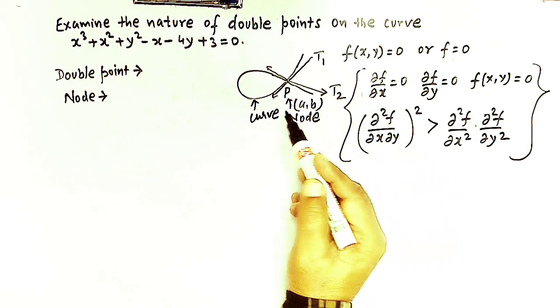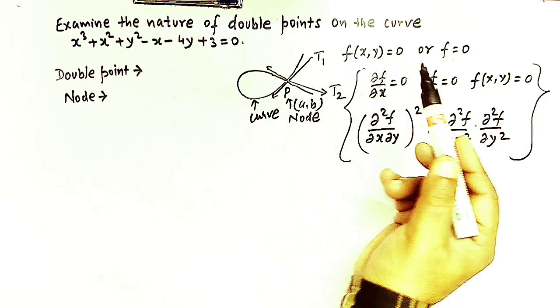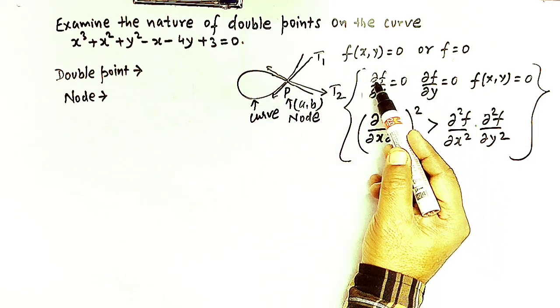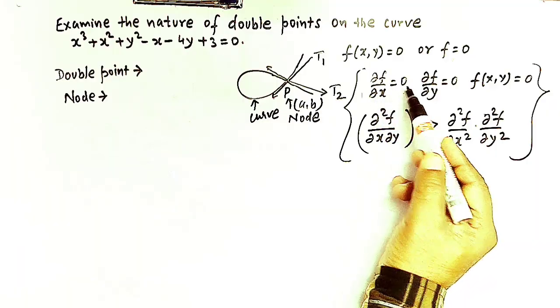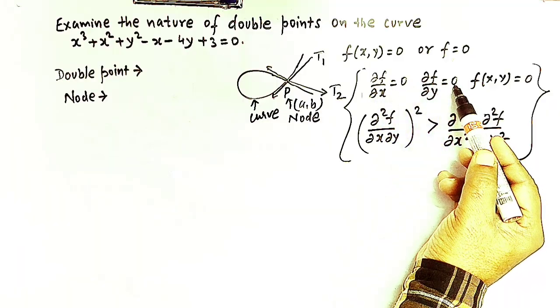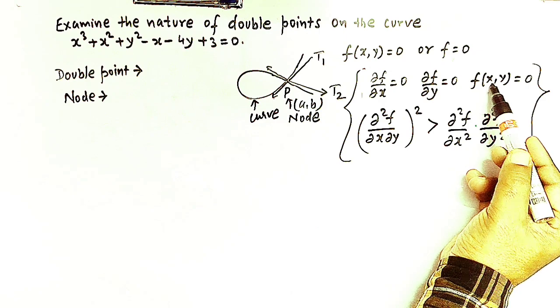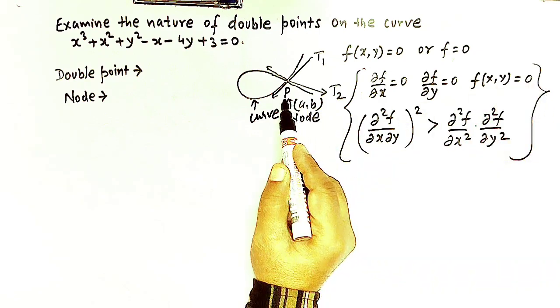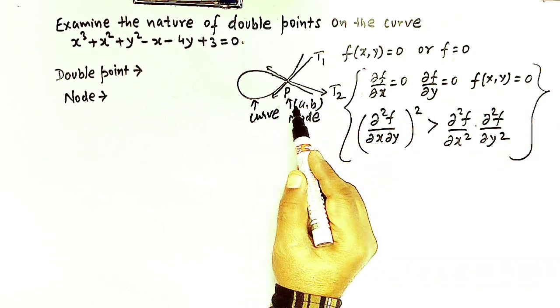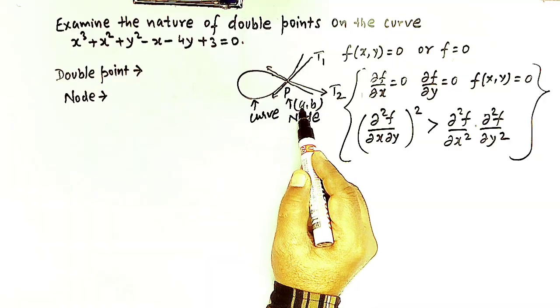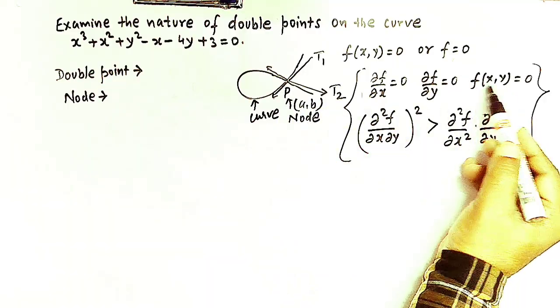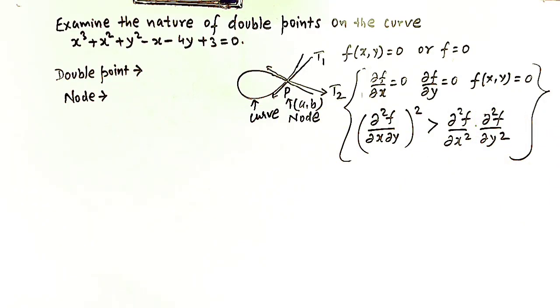So for having a double point on a given curve, we have del f over del x is equal to 0, del f over del y is equal to 0, and f of x comma y is equal to 0. That is, this point P, which has the coordinates a comma b, must satisfy the equation of the given curve, right?